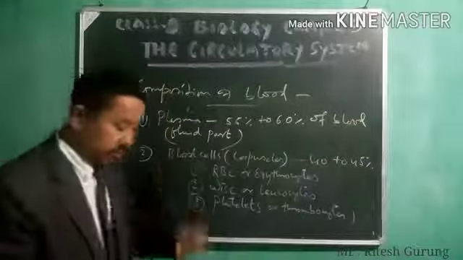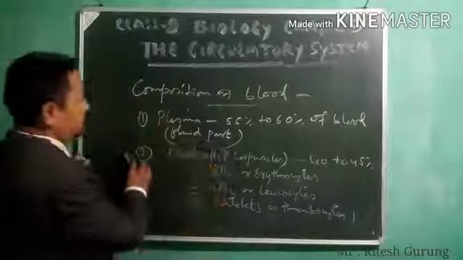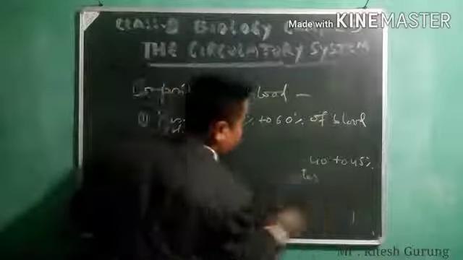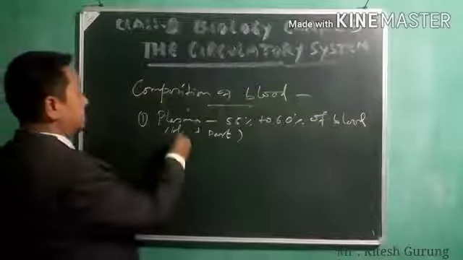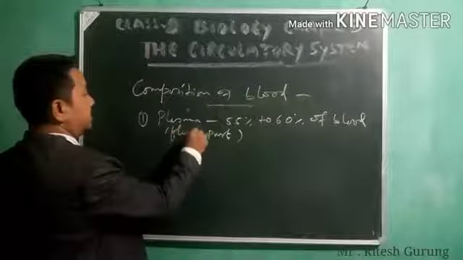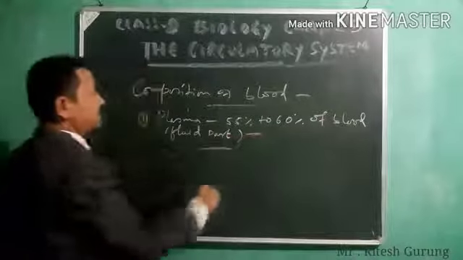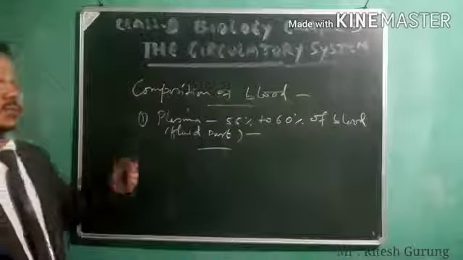Now talking about blood plasma only. Blood plasma is the fluid part. 55 to 60% of blood is composed of plasma.